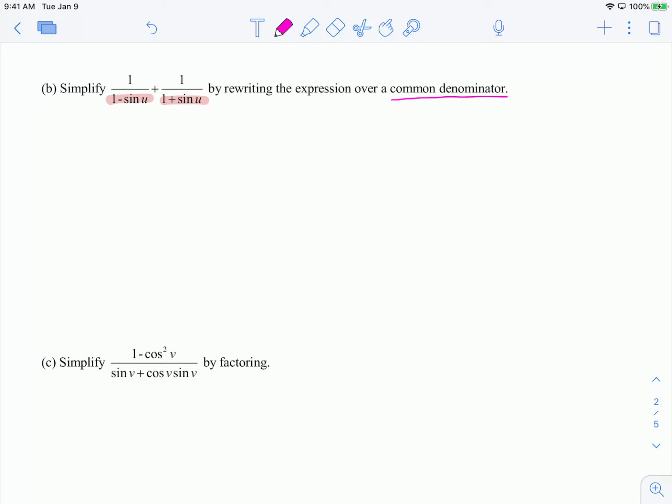So my lowest common denominator, if you can remember that term, is actually these two expressions multiplied together. So for example, if I had 1/3 plus 1/4, well, they don't share anything. So really our LCD is 3 times 4, which is 12. And then you would make both your denominators 12.